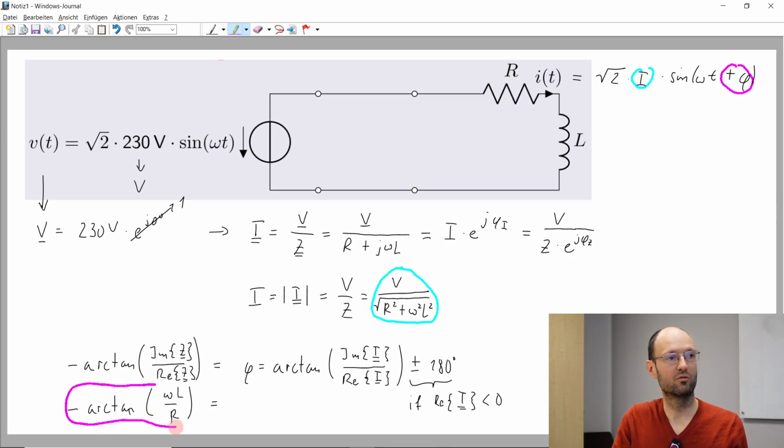And so then we would have successfully calculated this single phase system. And this is what we have done before.